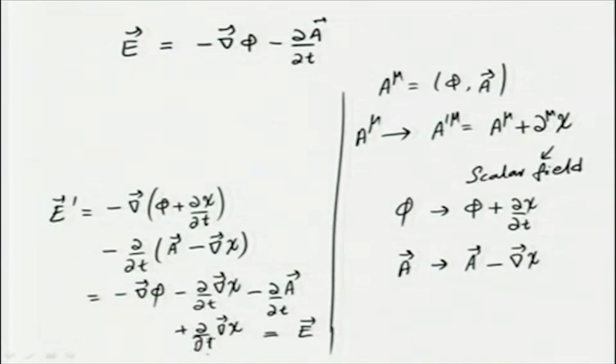So, bottom line is that if we change A mu to A mu prime, which picks up a derivative of a scalar field in addition to the original A mu, then the electric field remains the same.